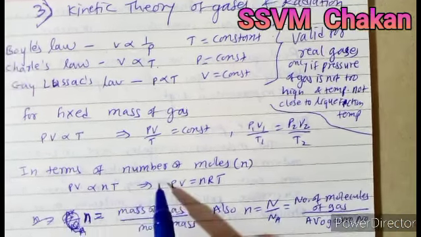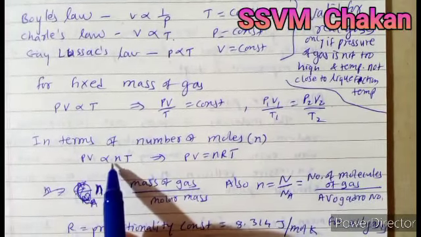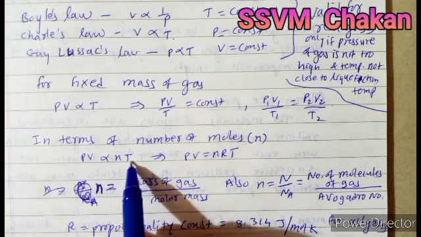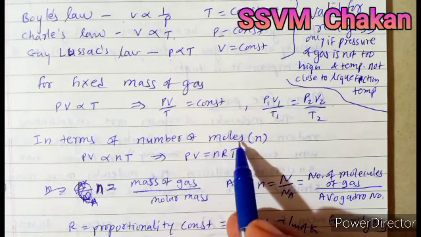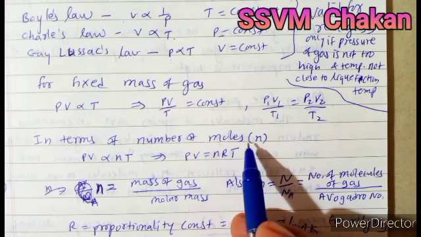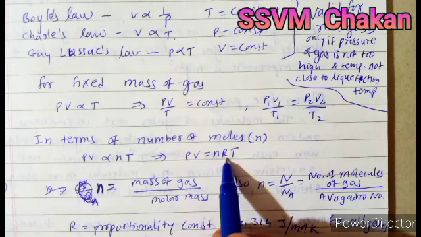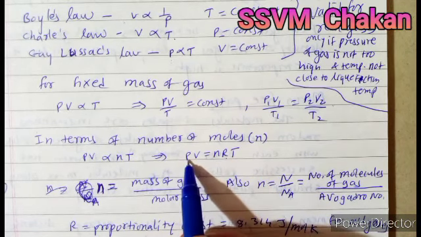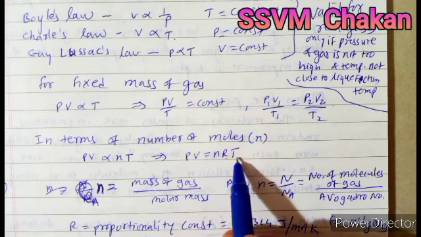In terms of the number of moles of gas, PV is proportional to nT, where n is the number of moles of the given gas. To remove the proportionality sign, we take a constant R, and then this equation becomes PV is equal to nRT.